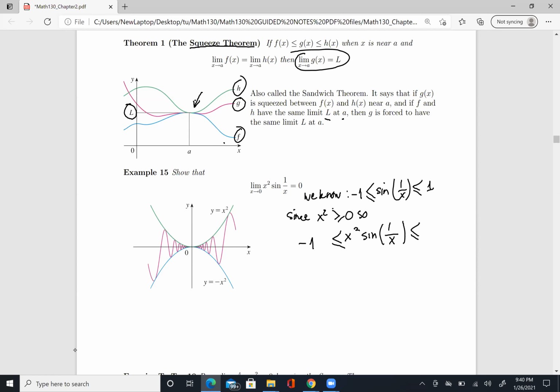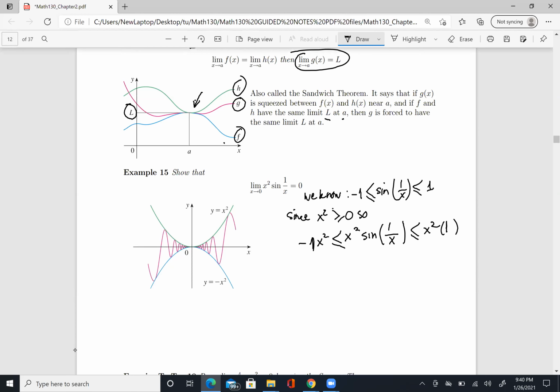Make sure that you multiply both sides by x squared, and multiply sine 1 over x with x squared, right? You did multiply this with number 1, okay. All right.